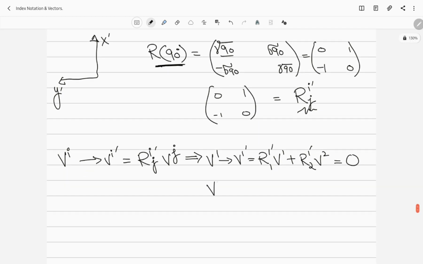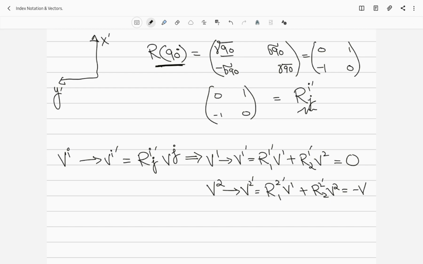Now v2 transforms as v2 prime, which is equal to r 2 prime 1 v1 plus r 2 prime 2 v2, and this thing is negative v, right?